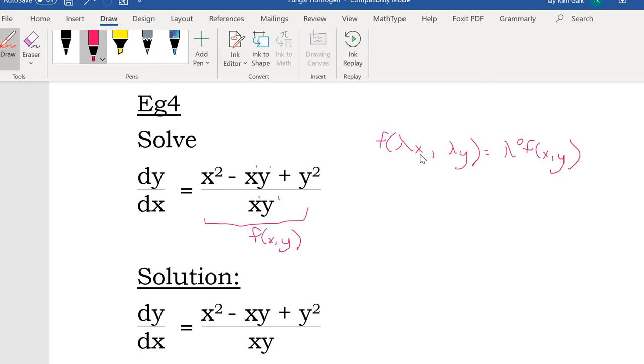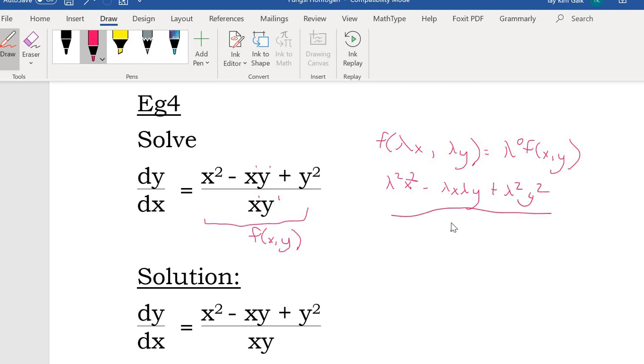For this example, you can substitute x by lambda x. So here you should have lambda squared x squared. Here x is lambda x, y is lambda y, and then plus y squared, so you will have lambda squared y squared.